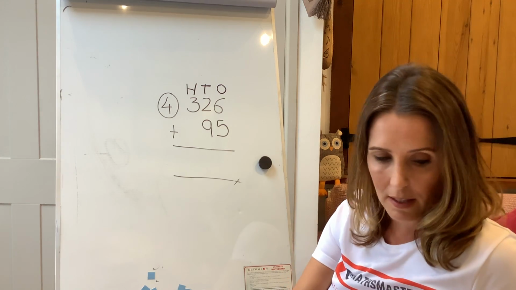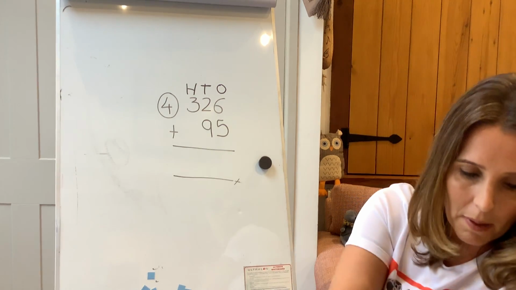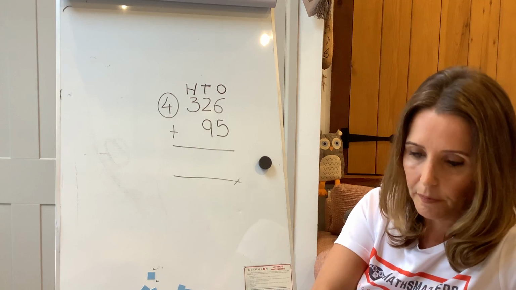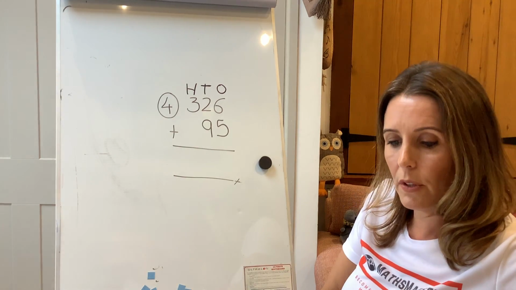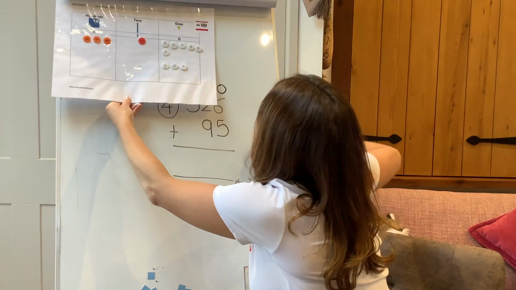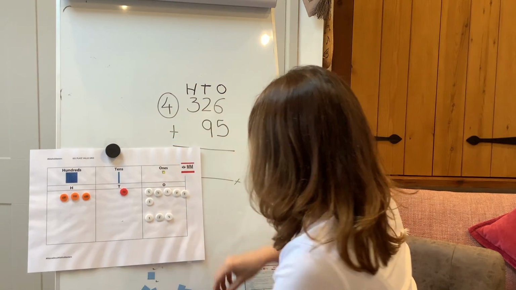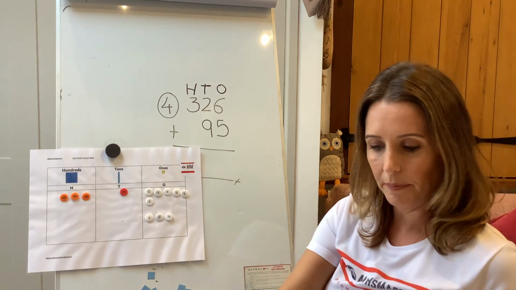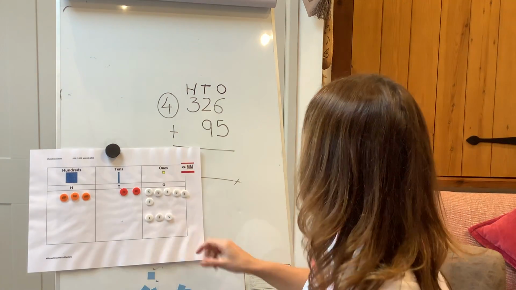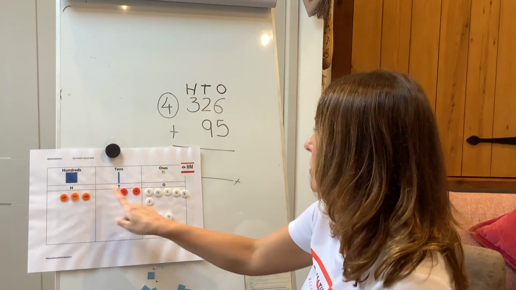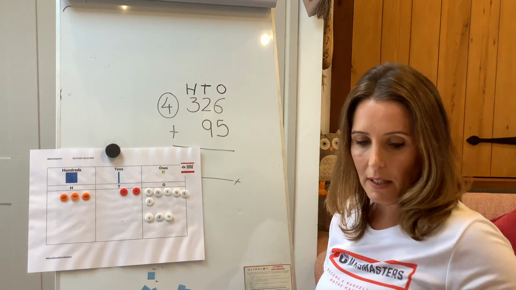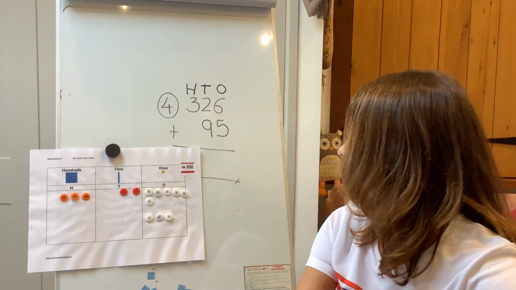So I'm going to show you this using the place value grid. So we've got 326, put that over there. And we're adding on to this 95. So we've got 320 and 6, and we're adding on 90 and 5.